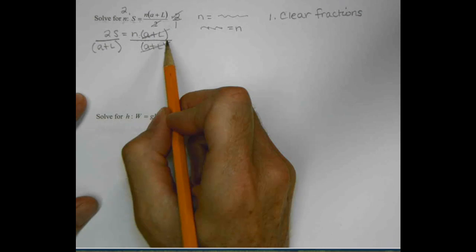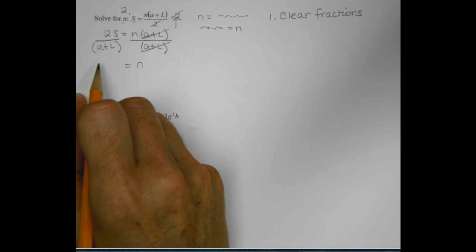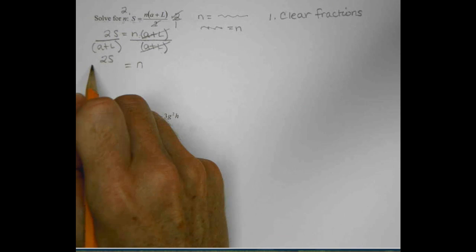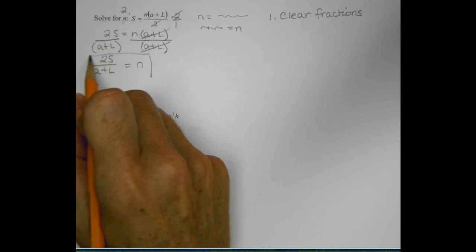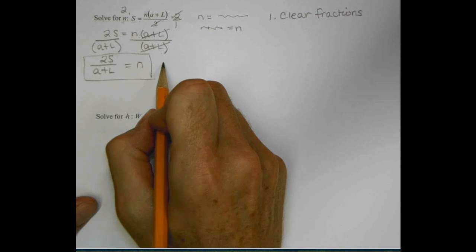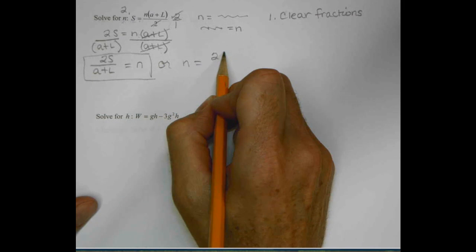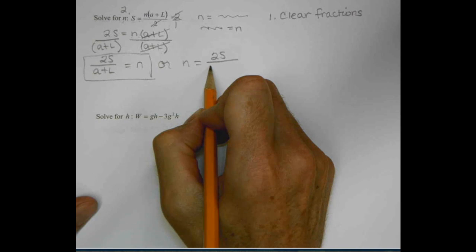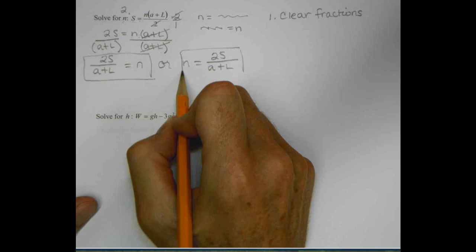These reduce to 1, it's a form of 1, and I'm left with n equals, and n is on the right hand side here, and that's just fine, over a plus l. If I wanted to, I could also write it as n equals and put the rest of the variables on the right hand side. It's equivalent, and either form is as good as the other.